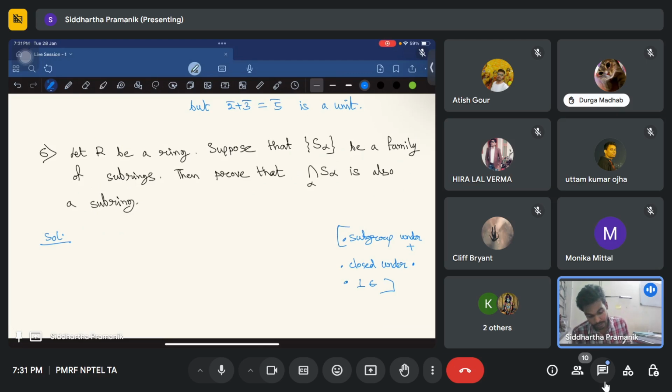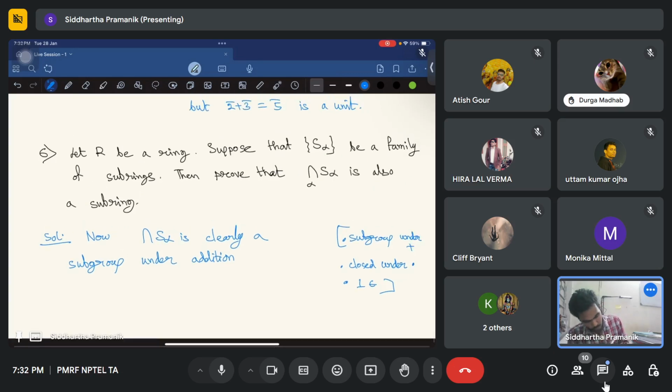So intersection of subgroups are subgroups, that you must be knowing. Now intersection of S alpha is clearly a subgroup under addition. So you can go back to your group theory and check this also.